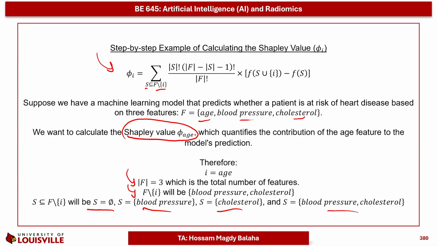After that, we need to calculate for each subset the corresponding prediction value, and the same after adding the feature I. We need to calculate the output using the function f.